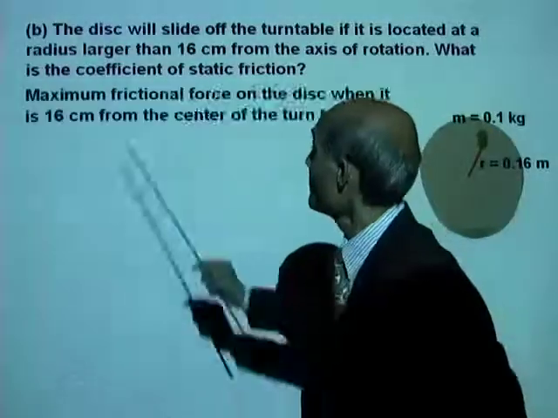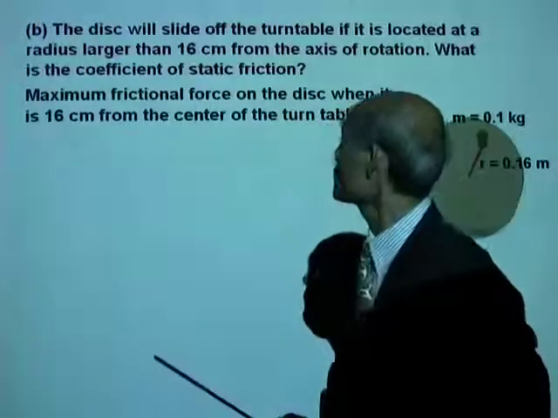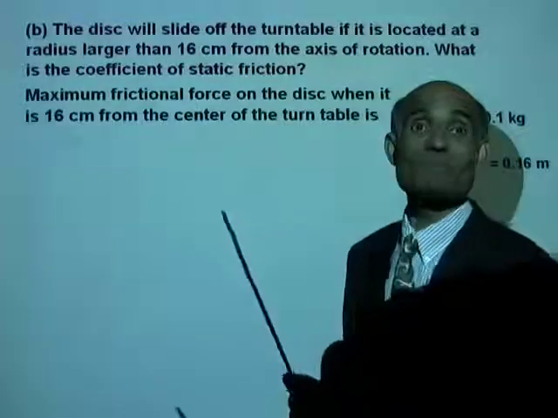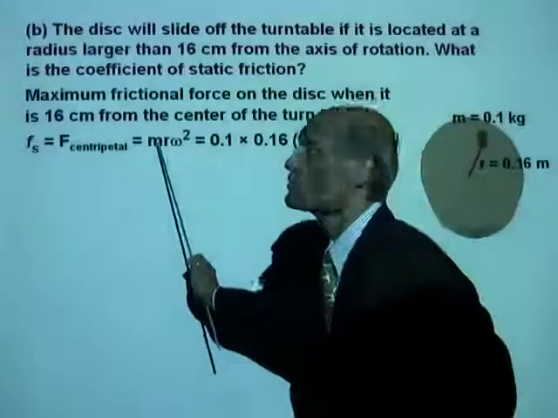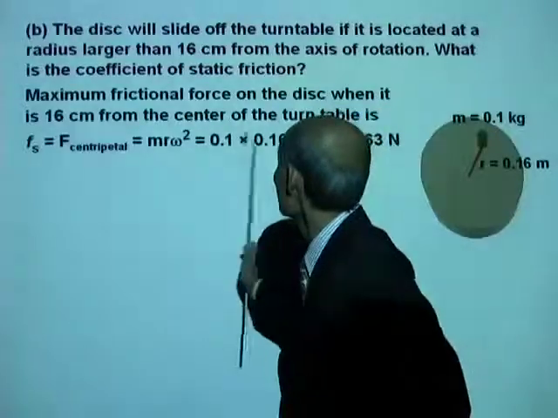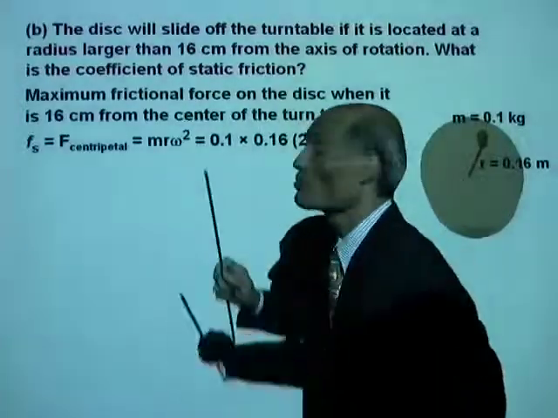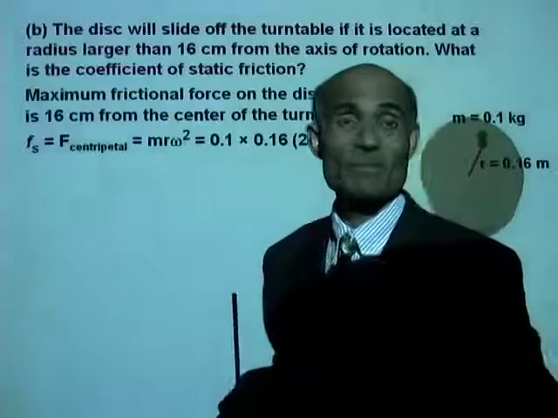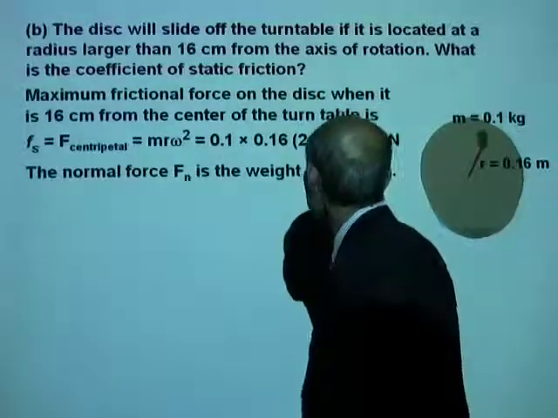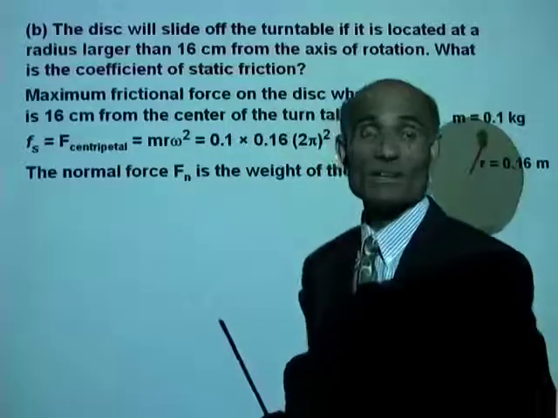Well, the maximum frictional force on the disk when it is 16 centimeters from the center of the table is again m r omega squared, where the radius is now 0.16, and that will be 0.63 Newton.